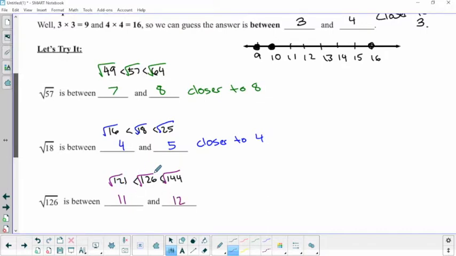The square root of 126 is between 11 and 12. Is 126 closer to 121 or 144? That means that this answer, square root of 126, would be closer to 11 than it would be to 12.